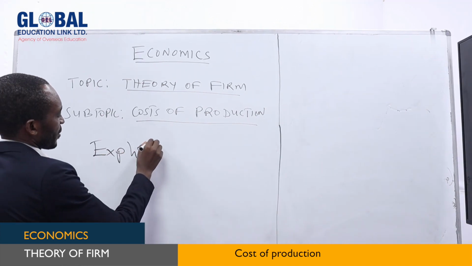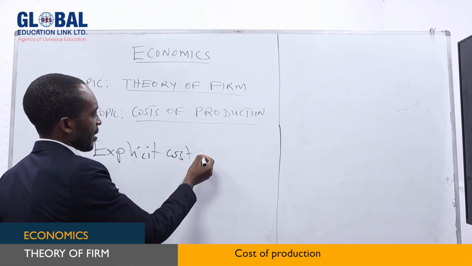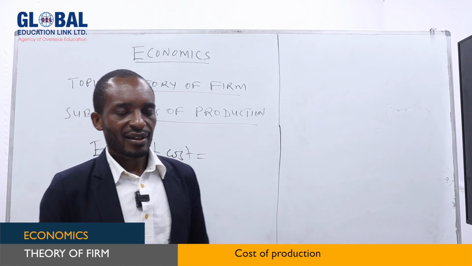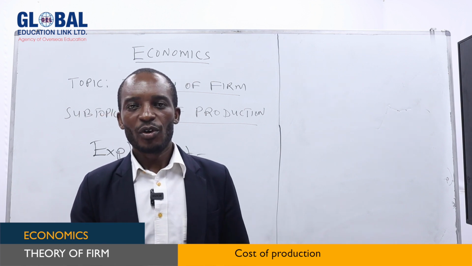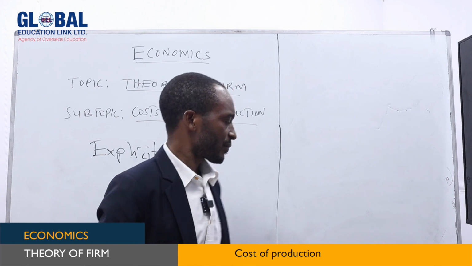Explicit cost is the sum of total fixed cost plus total variable cost.